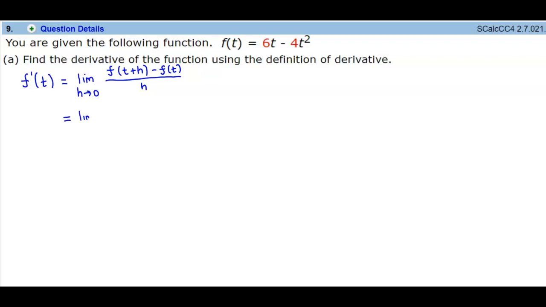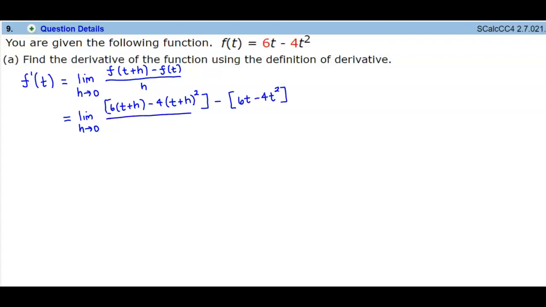So we have the limit as h approaches 0. So here we have 6 times the input of t plus h minus 4 times the input of t plus h squared, and then minus the function, which is 6t minus 4t squared.